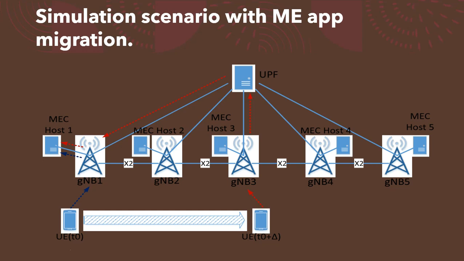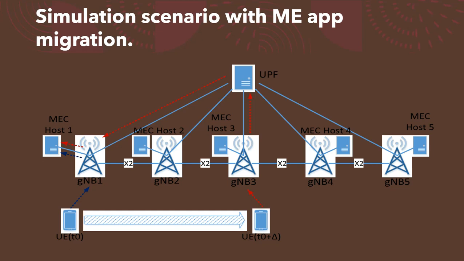One user is linearly moving from the service area of gNodeB 1 to gNodeB 2, gNodeB 3, gNodeB 4 and gNodeB 5, at a constant speed of 30 km per hour. The user interface offloads tasks to the MEC host periodically, with period T equal to 1 second.